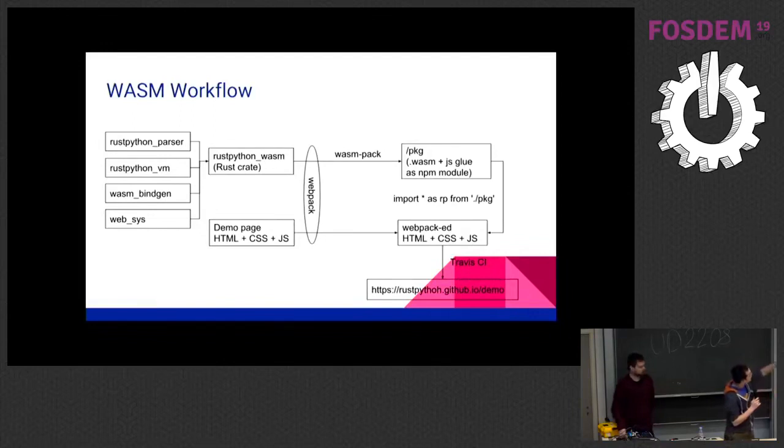And we have a demo page that's written in HTML, JavaScript, and CSS, and they're all compiled with Webpack. Webpack internally will call wasm-pack, which turns our Rust crate into a node module, an NPM module. So in our demo page, we can just use JavaScript to import rp from that NPM module. And the whole thing will be compiled with Travis CI and pushed to our demo page.